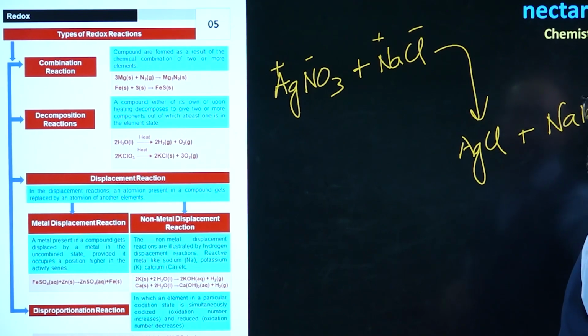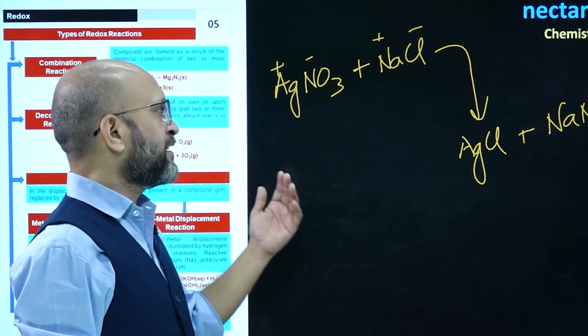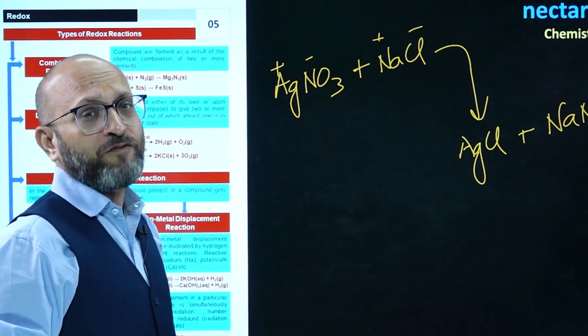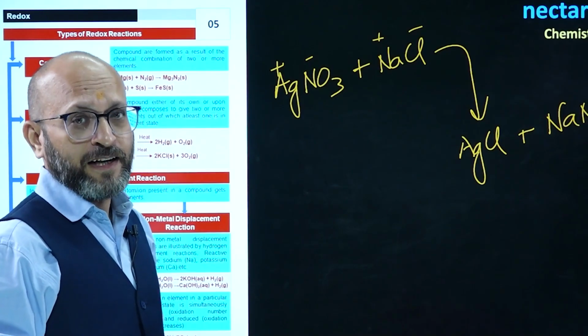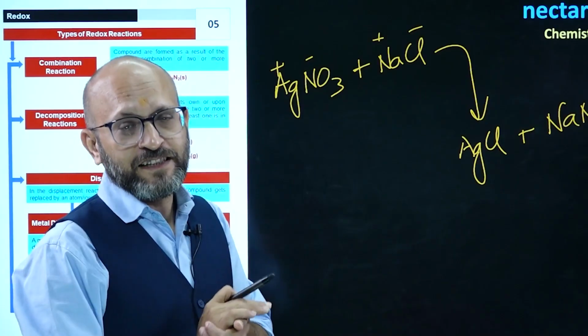Silver is displacing sodium and sodium is displacing silver. So I have taken an example of double displacement. Both elements, both metals, are displacing each other.